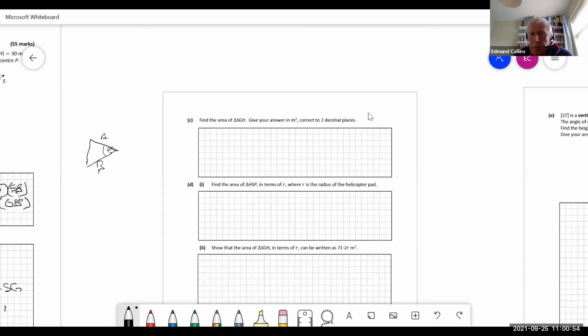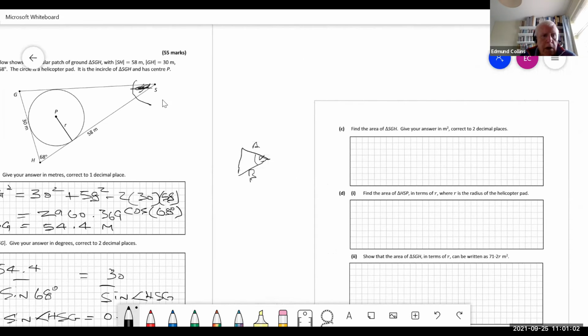So that's the one we're going to use here, because we know that this angle is 68 degrees. We have this length here 30 with this length here 58.